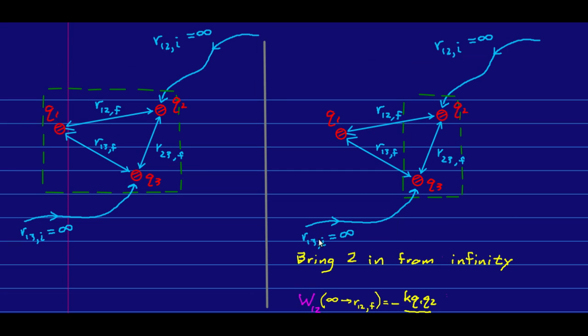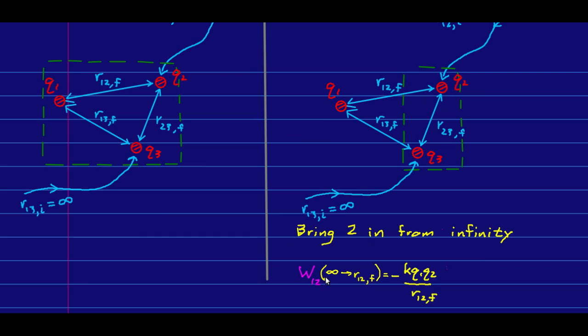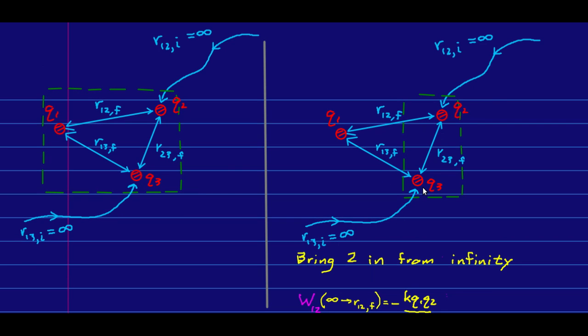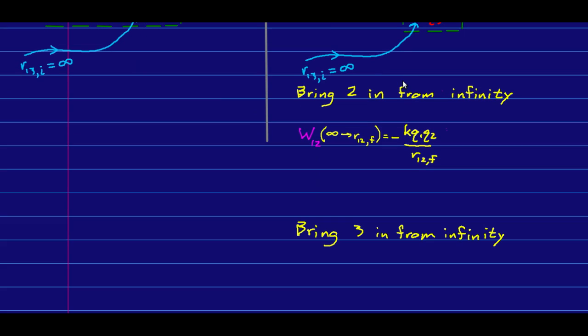Note that 3 is infinitely far away, and the force that it exerts on q2 as we bring it in is negligible, and so we can ignore any work that 3 does on 2. But now we have to bring 3 in, and while we're bringing 3 in, 1 and 2 are already here. And so the work done, which I will call just work 3, as we bring it in, is going to be a sum.